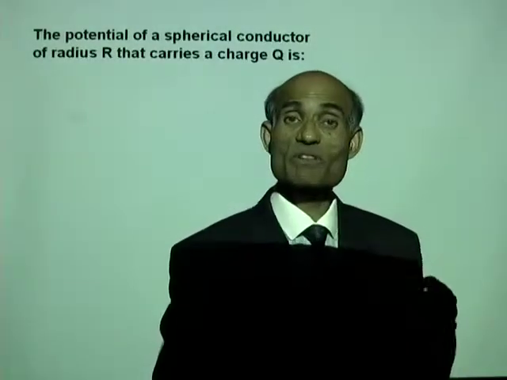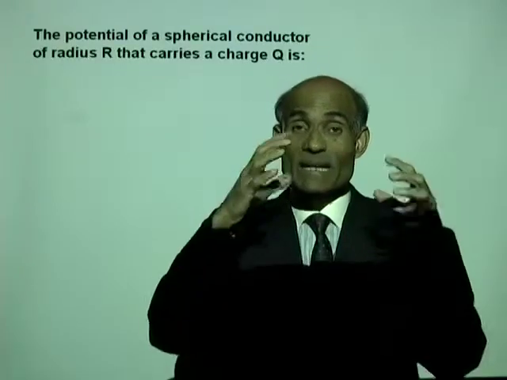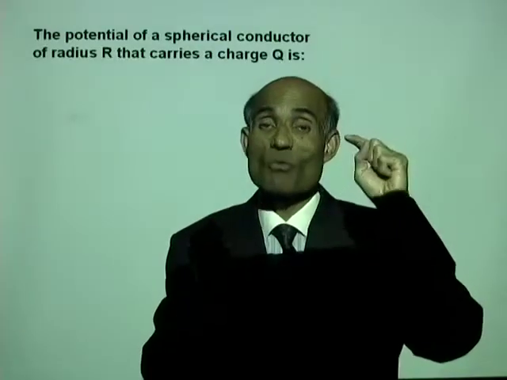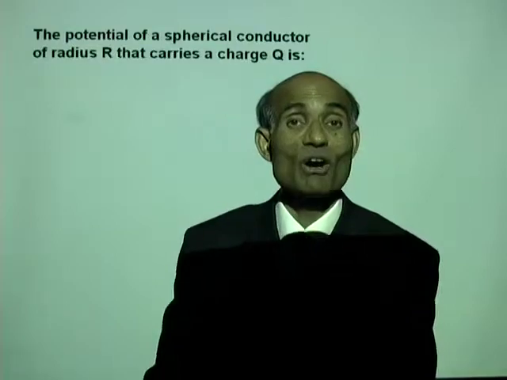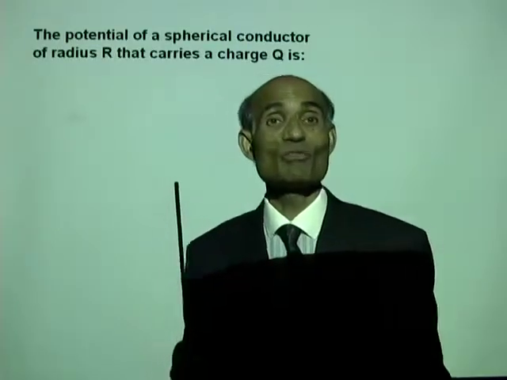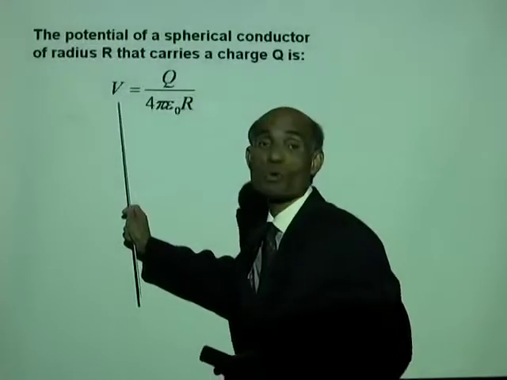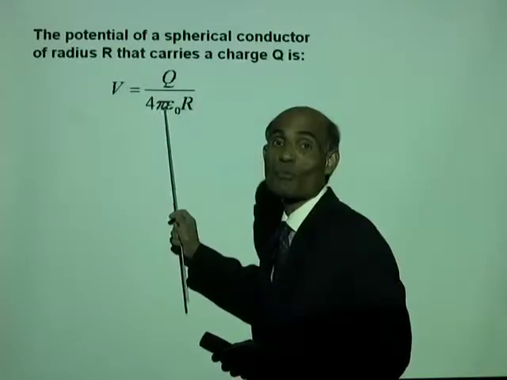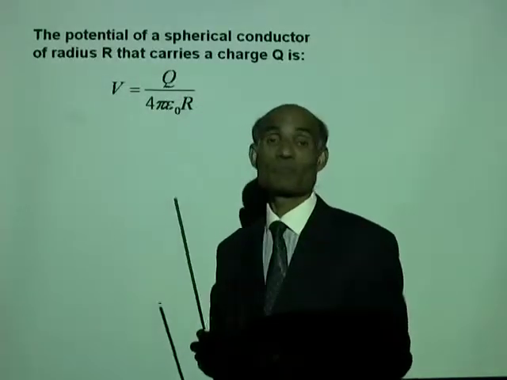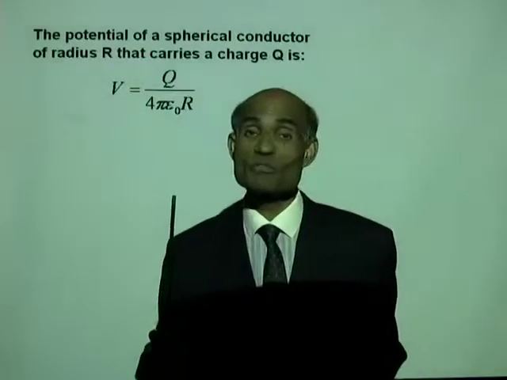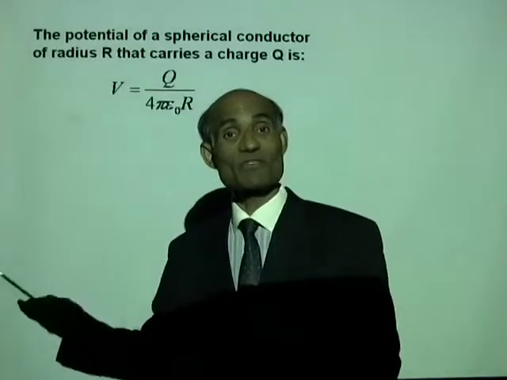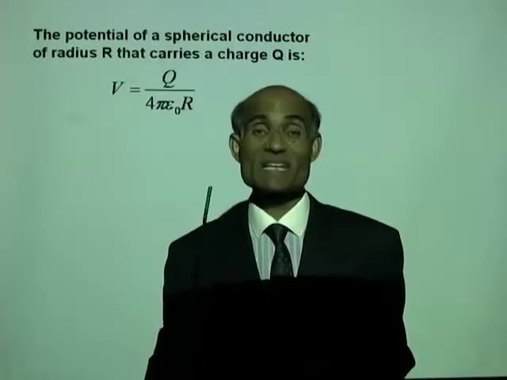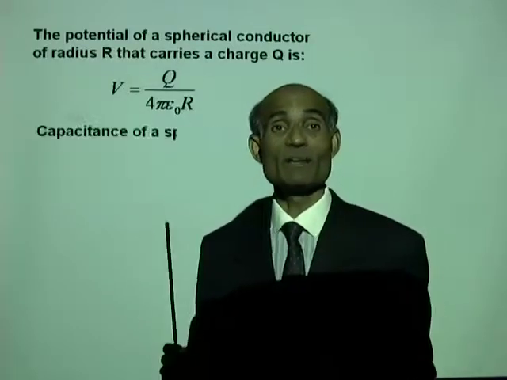The potential of a spherical conductor is KQ over R, and if you replace K by 1 over 4 pi epsilon naught, I hope you know that, K is 1 over 4 pi epsilon naught, I can write the potential of a spherical conductor as Q over 4 pi epsilon naught R. Therefore, can you write an expression for the capacitance of a spherical conductor? What is the definition of capacitance? Capacitance C equals Q over V.